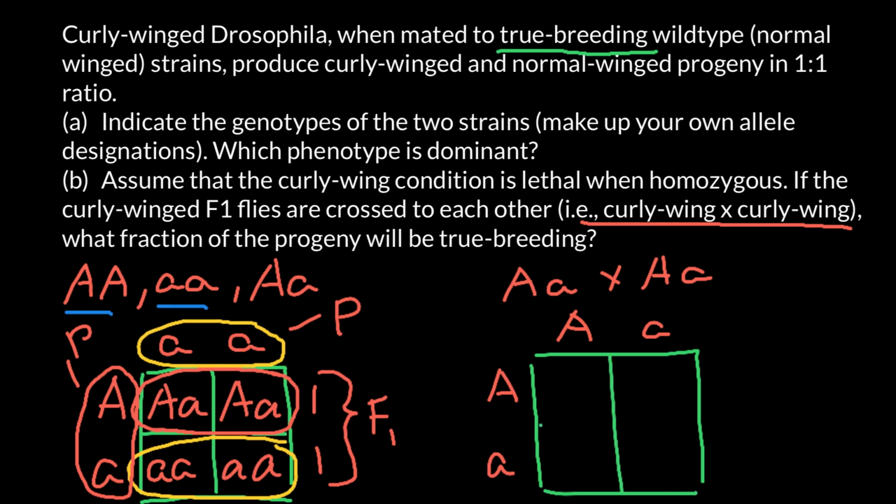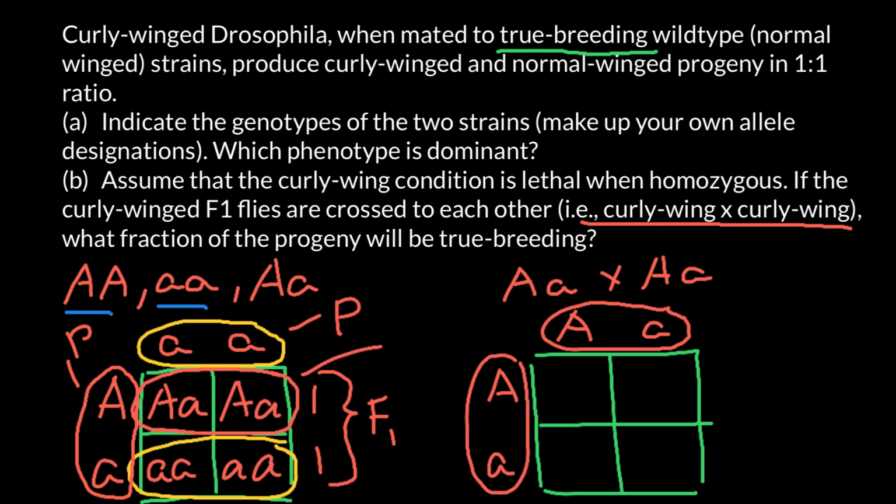Once again, we build a Punnett square, and the phenotypes, as you see, would be curly winged for both parents, and the parents come from this F1 generation. And now we are going to get the F2 generation.